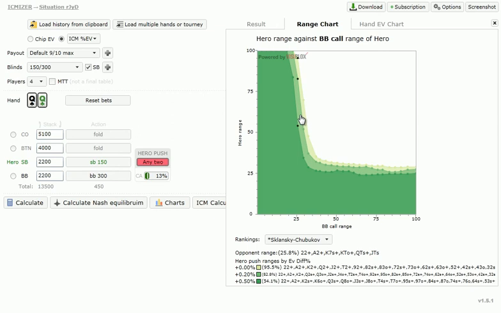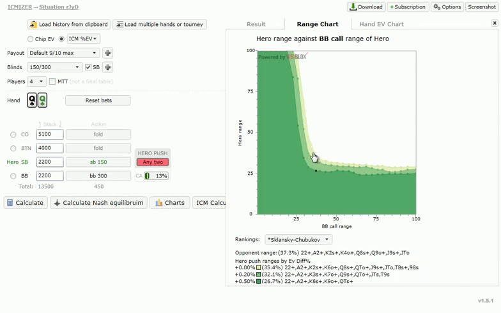What's curious here is that sometimes this area where the range of hero becomes much narrower than the open push against a tight call range could be falling exactly in the area where you expect your opponent to be in certain tournament spots. In this kind of scenario, it's quite likely that your opponent wouldn't be calling with 19% of hands where you should be pushing 100%, but he is actually between this and something like this. So if you guess wrong, you would be making a negative push. So that is a curious part of estimating your opponent's range.